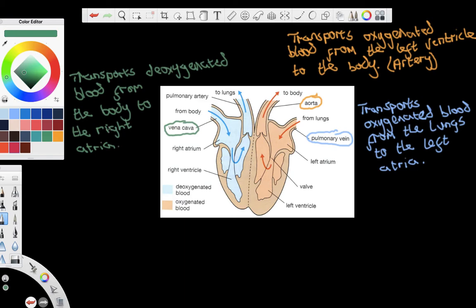The final one we need to define, and I'm going to have to write it down here, so we need a colour, is the pulmonary artery. Now remember, pulmonary means lungs, so the pulmonary artery transports deoxygenated blood from the right ventricle to the lungs.